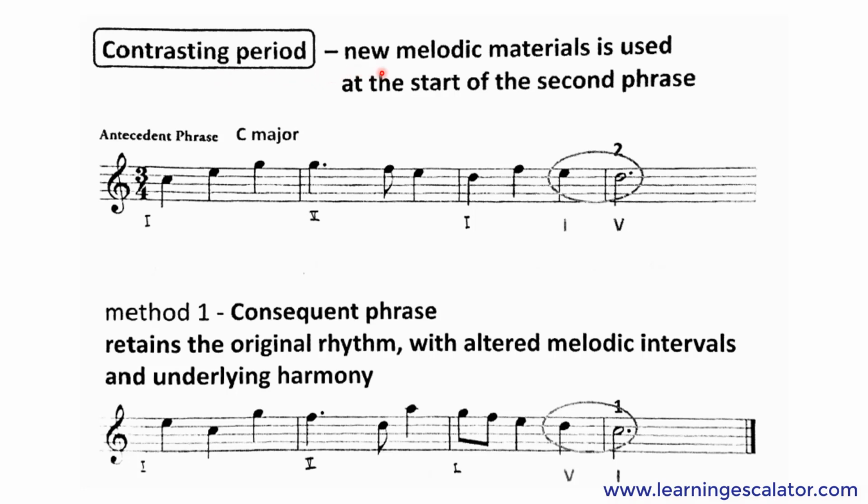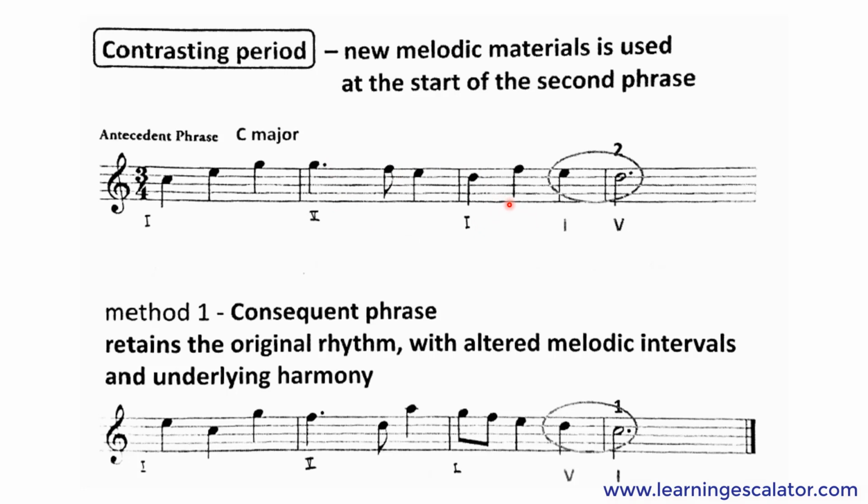Contrasting period is when new melodic materials are used at the start of the second phrase. So in the first measure, it's the tonic, C major, so it's a tonic C major chord right over here. And then this is a G major, which is dominant. And then this is a G, so it's the dominant one.